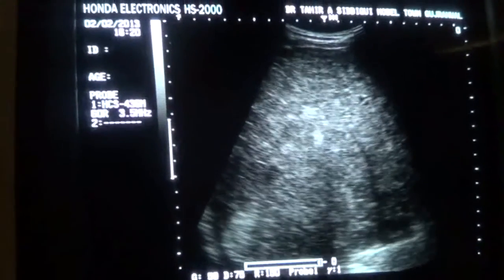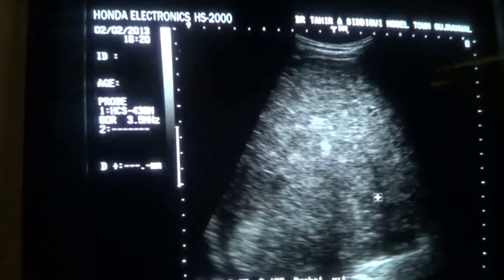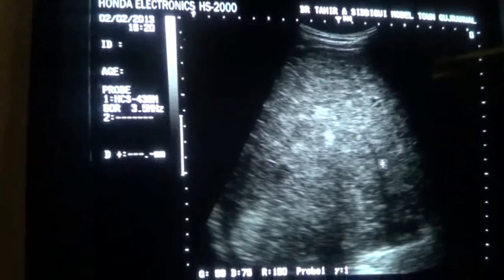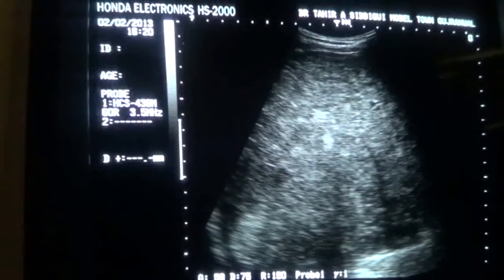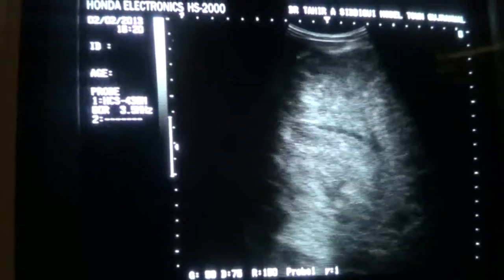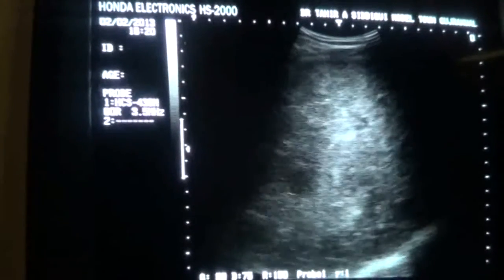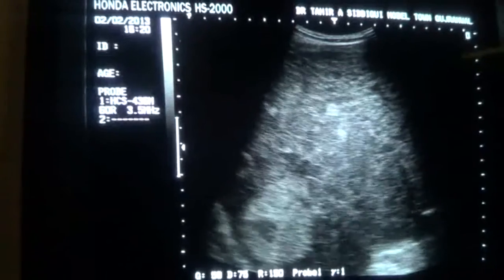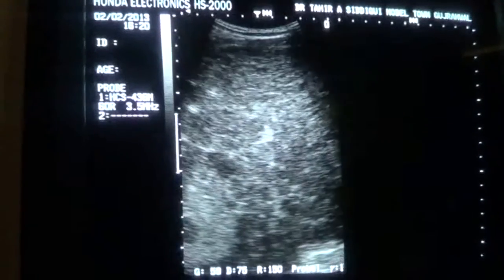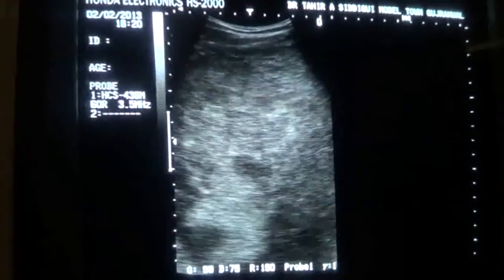This is the middle hepatic vein. And note the tortuosity of the margin of this surface. Note the echogenicities, bright, shiny. So many of these are seen in this view.